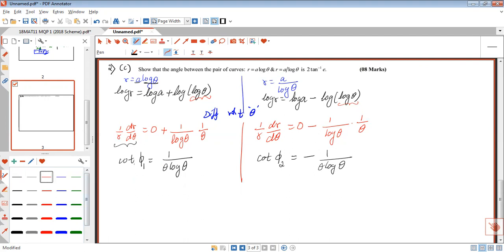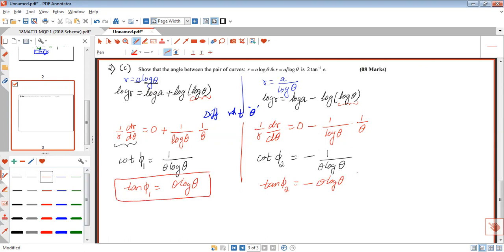Now I will take the reciprocal: tan phi 1 will be theta log theta, and the reciprocal of cot is tan phi 2, which will be minus theta log theta.